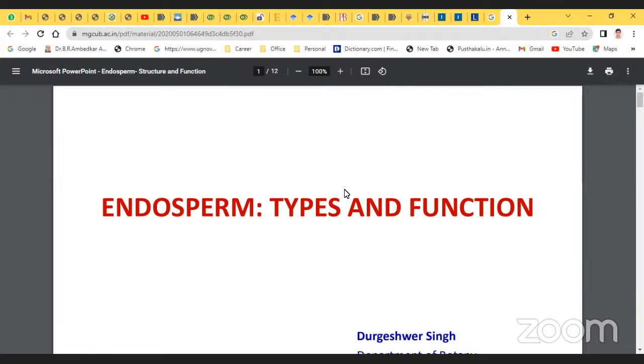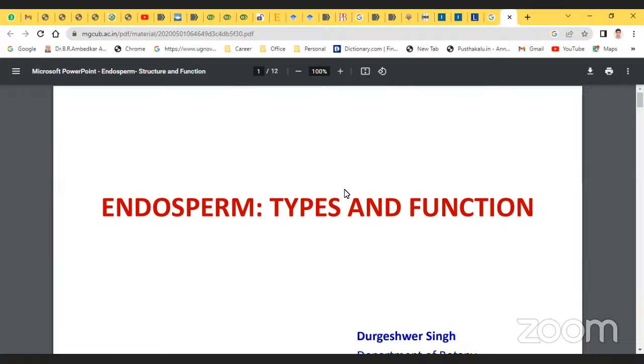For example, in the Oenothera type of embryo sac, there is only one polar nucleus, so the endosperm is diploid. In the Peperomia type of embryo sac, there are 8 polar nuclei, hence the endosperm is 9n, that means 9 sets of chromosomes.